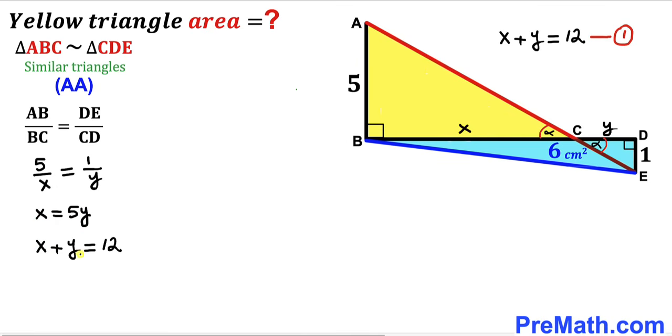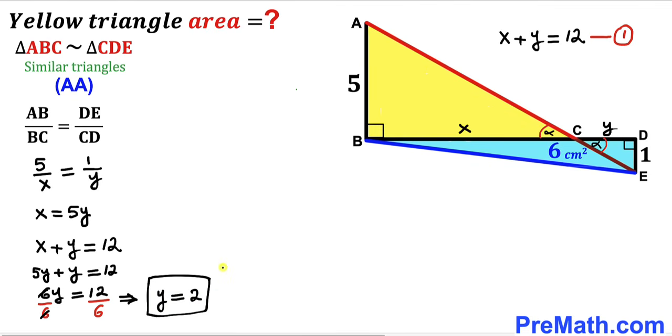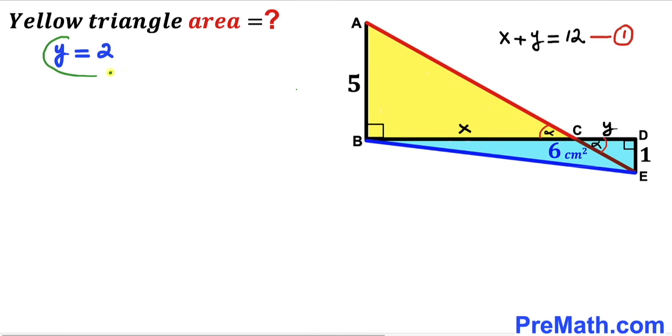After the substitution, we get 5y plus y equals 12. Combining like terms, we get 6y equals 12. Now we divide both sides by 6 to isolate y. The 6 and 6 are gone, so our y value turns out to be 2 centimeters.